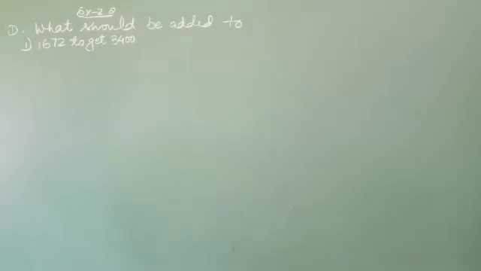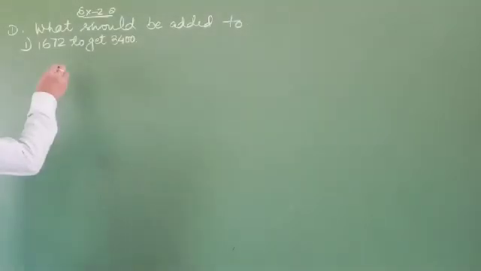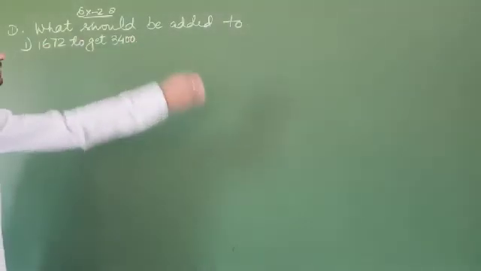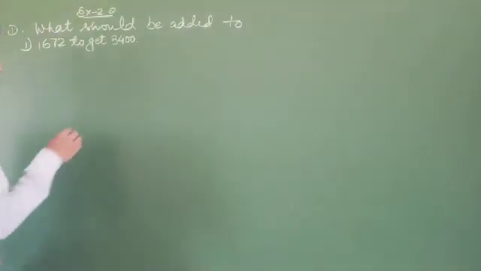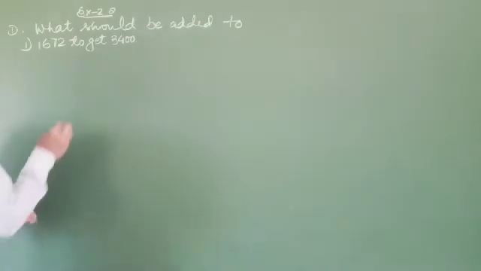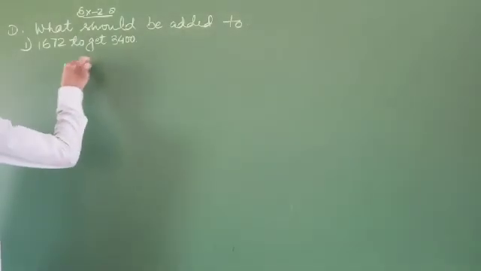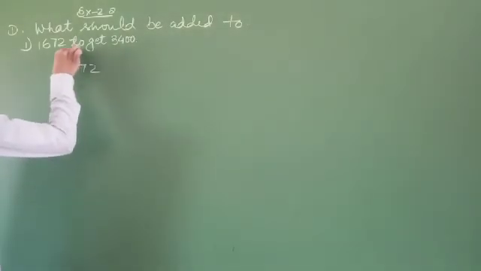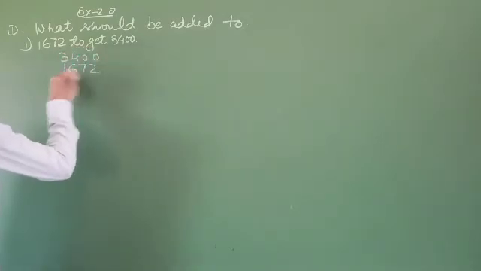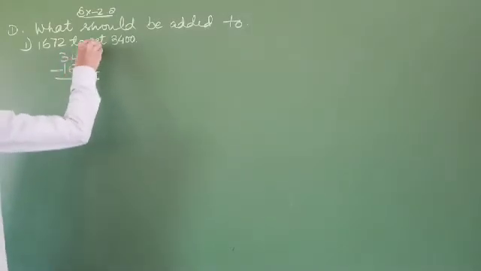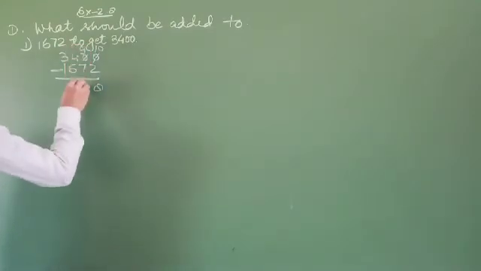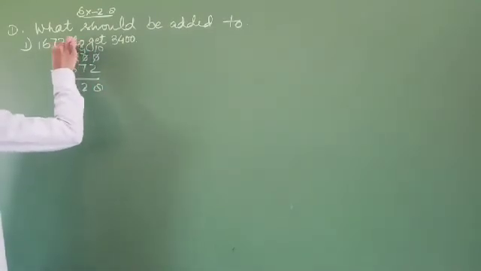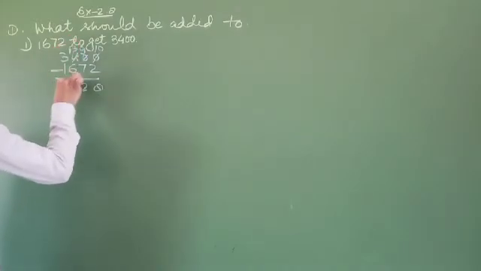So the question is what should be added to 1672 to get 3400. So we subtract 1672 from 3400. 10 minus 2, 8; 9 minus 7, 2; 13 minus 6, 7; and 2 minus 1, 1.